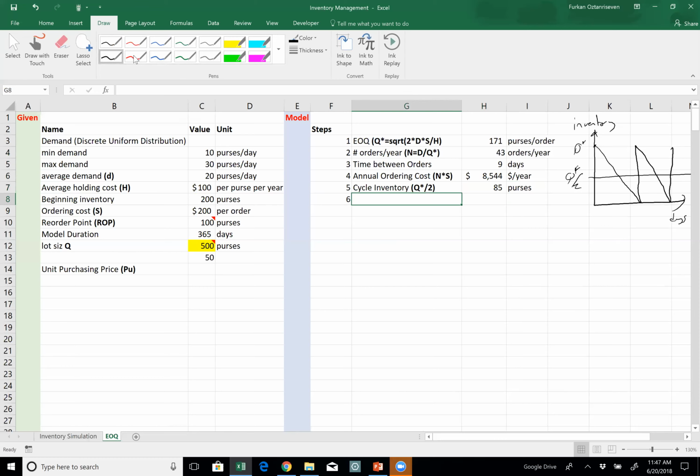Here I would like to calculate the annual holding cost. And my annual holding cost will be holding cost rate, which is capital H, times cycle inventory, which is Q star over 2. All right? So let's make this calculation right here.